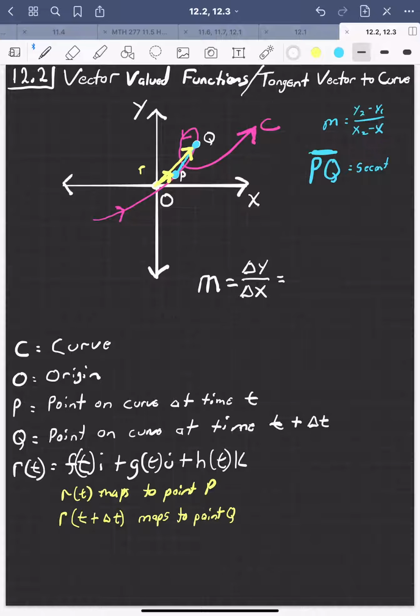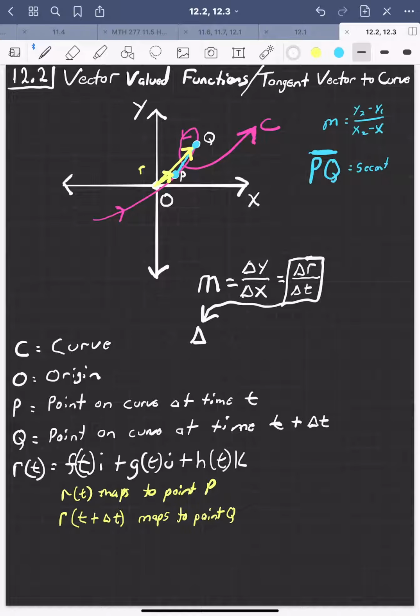Let's write that in terms of the notation we use for vector valued functions. So instead of delta x, it would be delta t, right? So a little bit of time has gone by and the position has changed. And instead of delta y, it would be delta r, the change in r. All right. And now we have everything we need to build this slope formula.